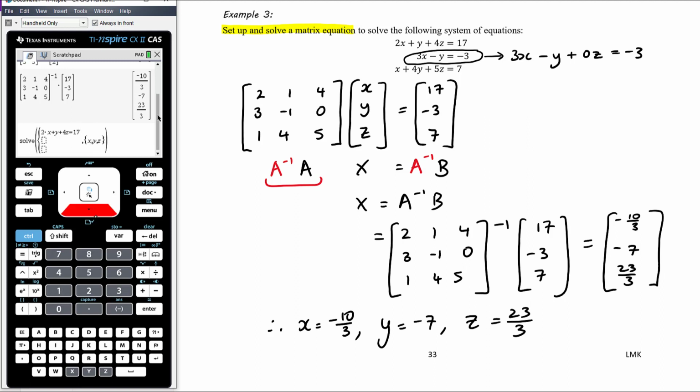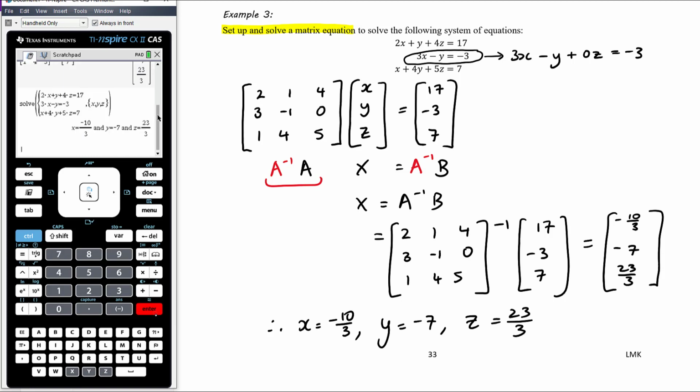My first equation, 3x minus y equals negative 3. You don't need to add in the 0z. And then x plus 4y plus 5z equals 7. And hopefully we get the same answers, which we do.